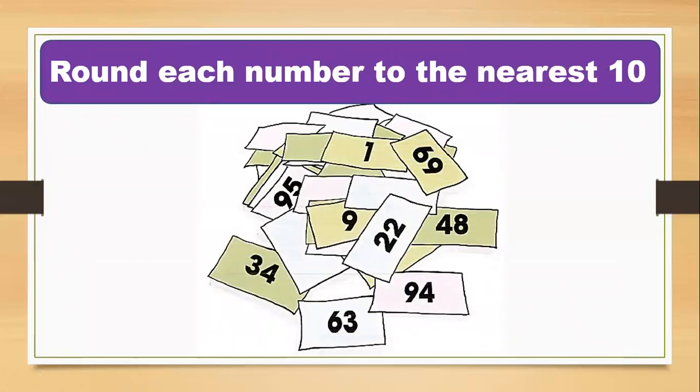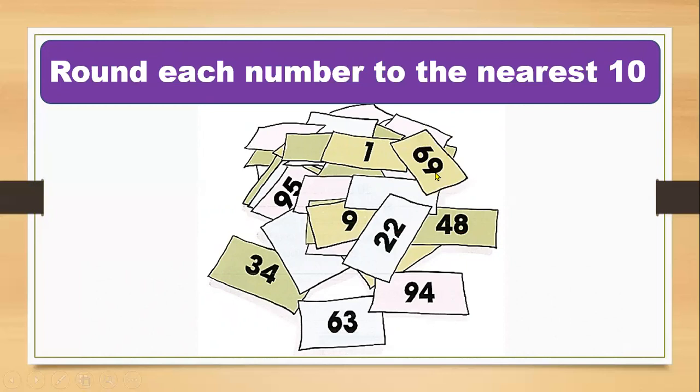So this is the exercise in your books. I chose some numbers and I solved them here. You have to complete the rest, for example 69. Create a number line and try to find where 69 is. What is the nearest 10 for 69?